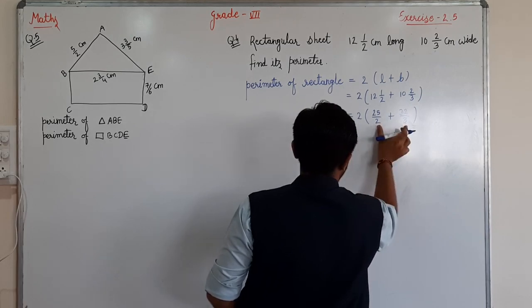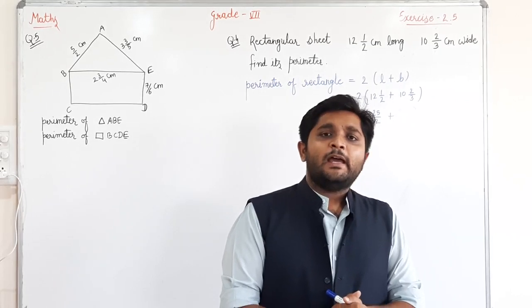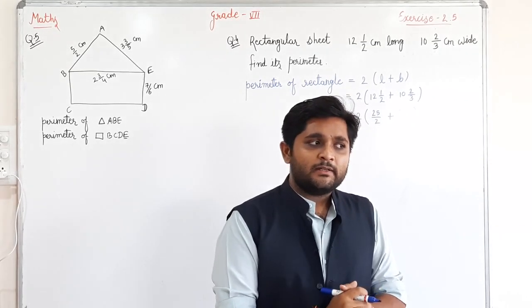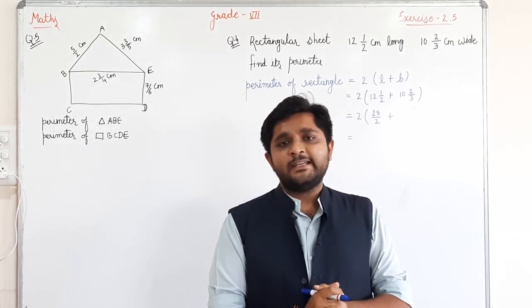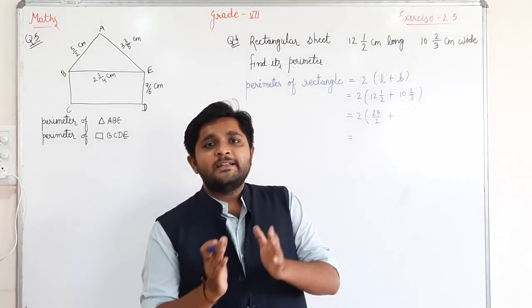Now friends, here both the denominators are different. So what we have to do is find the LCM and then make the denominators the same. If you find the LCM of 2 and 3, you will get 6.